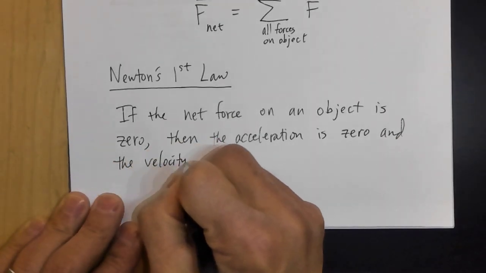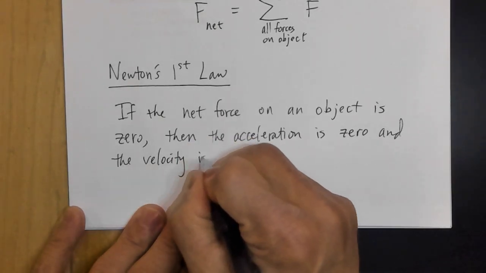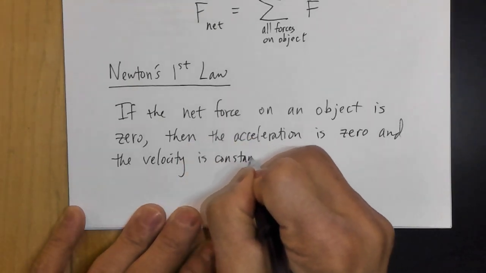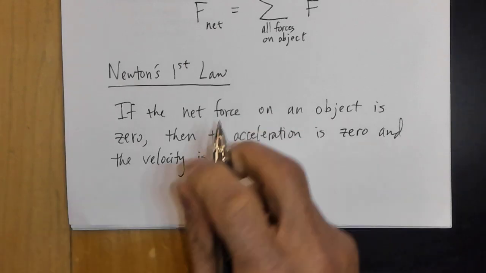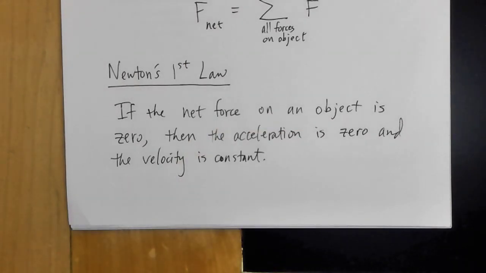You can deduce that from the fact that the acceleration is 0. Okay? So if I say something has 0 acceleration, because acceleration is the time derivative of the velocity, acceleration equals 0 means the velocity doesn't change.